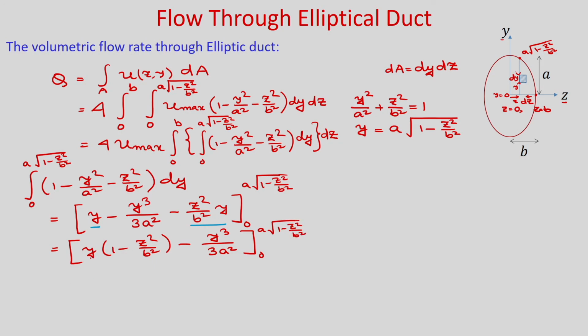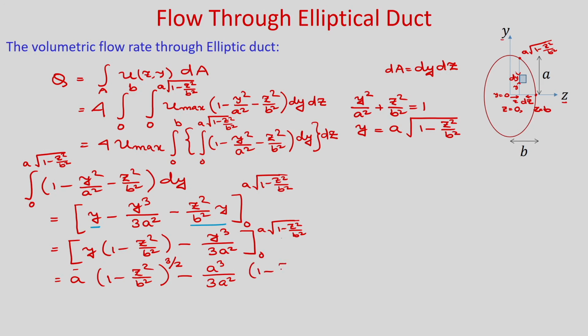Now, if you put the value of y is equal to 0, obviously it will become 0. So, y is equal to just a root 1 minus z square by b square. So, if you put y, it will be 1 minus z square by b square to the power half, and here 1 is there. So, 1 plus half will be 3 by 2. So, you can write a times 1 minus z square by b square to the power 3 by 2, and minus, you can see here y cube. So, it will be a cube by 3 a square, and it is 1 minus z square by b square to the power half, so it will be 3 by 2.